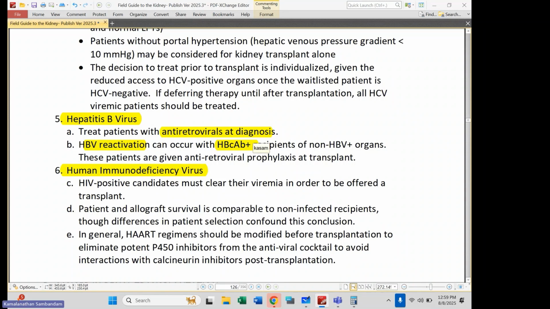Okay, so if you're core positive, that means you've seen Hep B. And so those individuals are generally given entecavir, less commonly lamivudine post-transplant. They get PCRs checked, and then eventually their entecavir stops somewhere 6 months down the road or so.